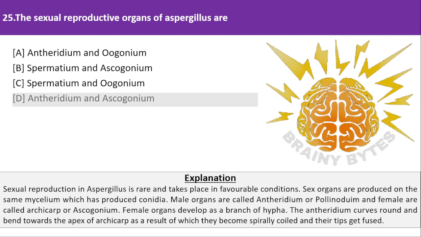Female organs develop as a branch of hyphae. The antheridium curves around and bends towards the apex of the archicarp, as a result of which they become spirally coiled and their tips get fused.